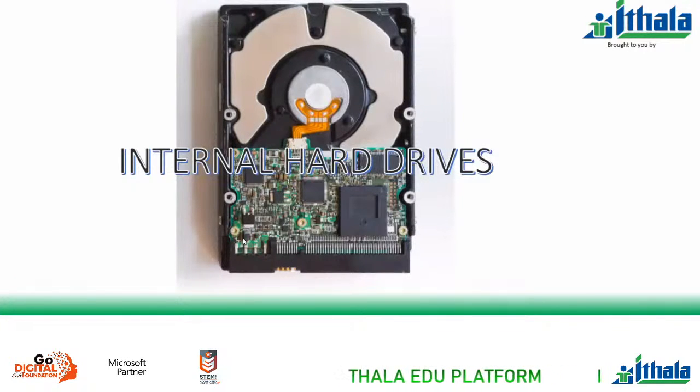All modern computers come equipped with an internal hard drive. Whenever you are installing a program, that program goes into your internal hard drive. Whenever you are putting in an operating system, no matter what information, it goes into the internal hard drive.